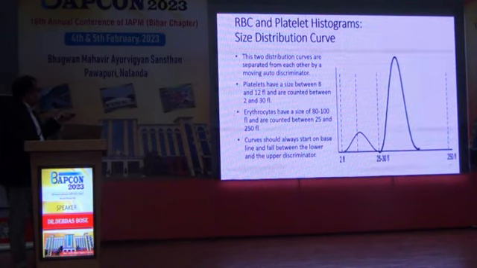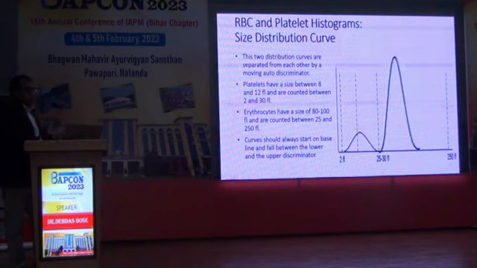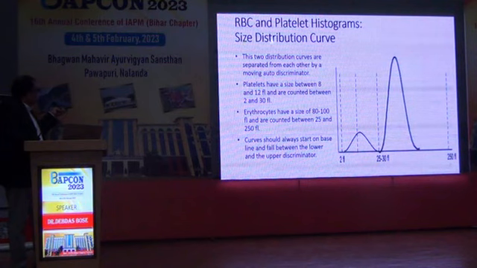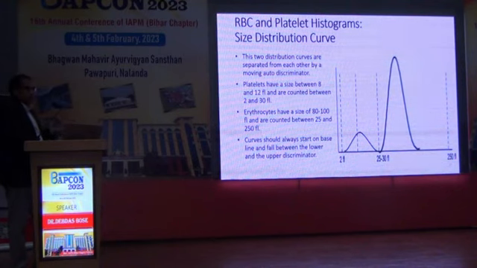One is the RBC histogram, the RBC and platelet histograms. And these histograms, as I told, come based on size, so this is also called a size distribution curve. As the platelet is much smaller than the RBC, according to size differentiation the platelet comes first.